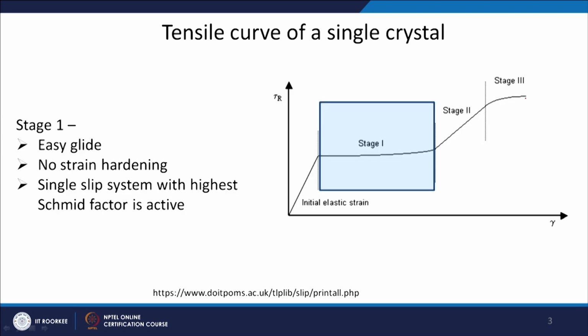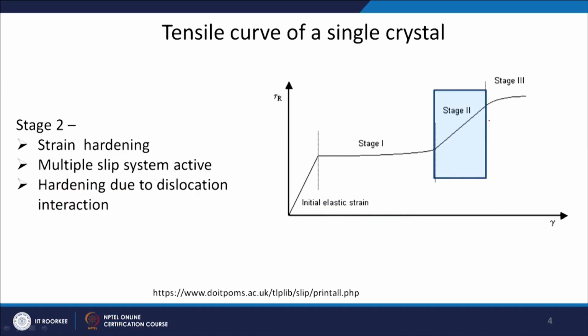If we want to look in a little more detail, in stage 1 you have easy glide, and of course there is no strain hardening. You can see that as a function of strain, my stress is constant here, so there is no strain hardening. A single slip system with the highest Schmid factor is active, as I told you just now. So in stage 1 only one slip system is active.